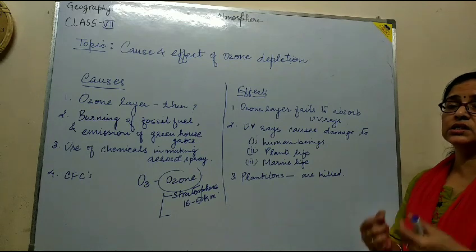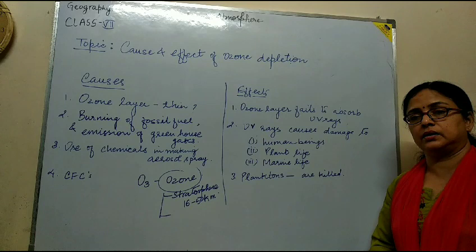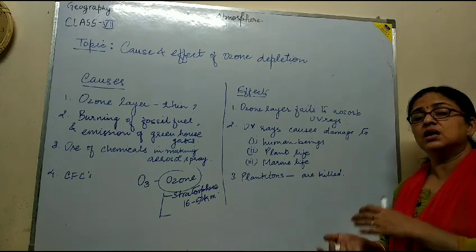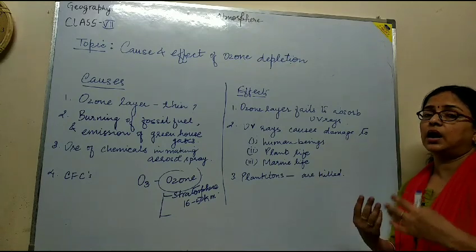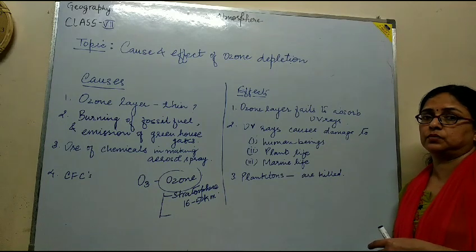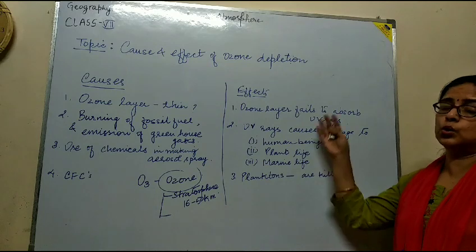That energy is absorbed by the bacteria present in it, and then the bacteria, by absorbing, release chemicals, which lead to the oceanic food chain. So these are some of the effects of the ozone depletion.